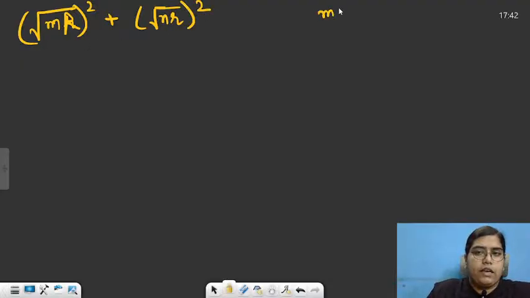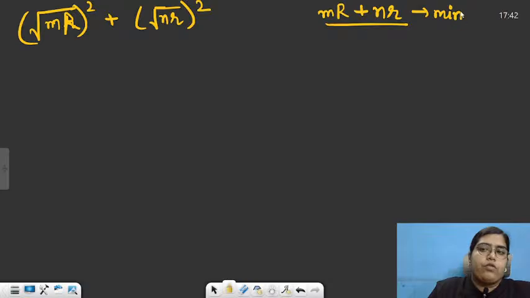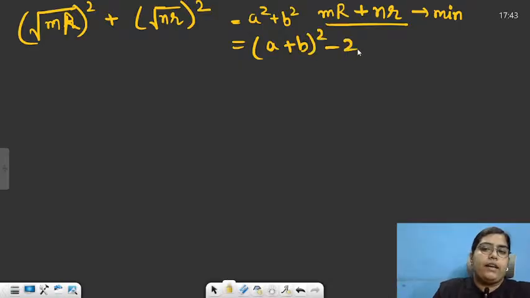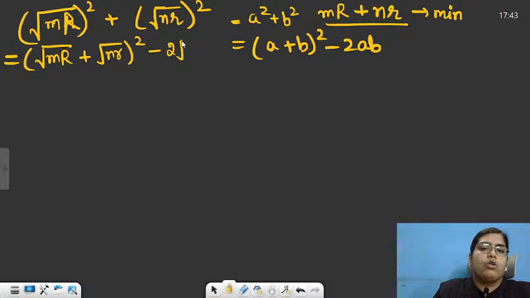The denominator was mR plus nr, and we have to minimize this denominator. So what we are trying to do is write it in a different manner so as to minimize it. You can see it as a square plus b square. Then a square plus b square you can write as a plus b whole square minus 2ab. So we'll do the same thing. We have this expression. Now we can write it as root of mR plus root of nr whole square minus 2 root mR and root nr.